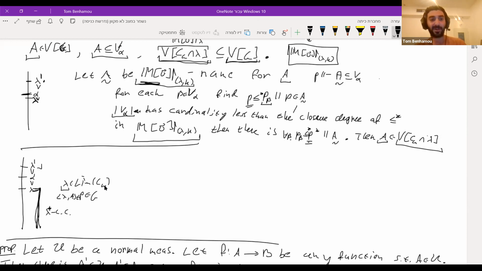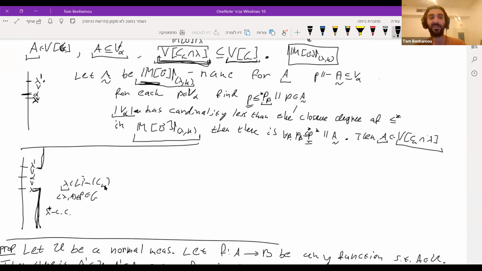But then the upper part, as we said earlier, does not add new subsets to V[G] intersection lambda. So it cannot add a new cofinal sequence to alpha because it does not add bounded subsets below this lambda prime. So it must also preserve the cofinality of alpha.